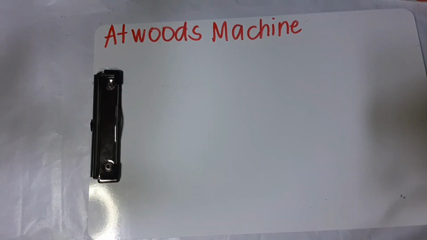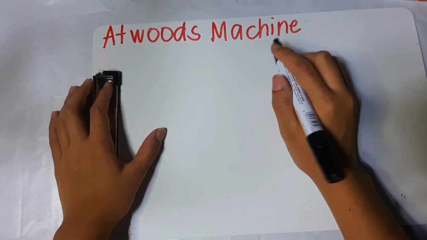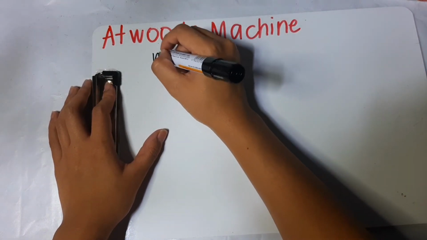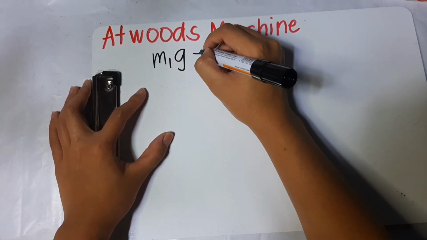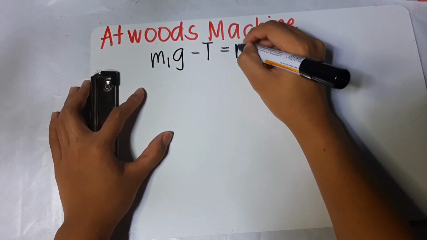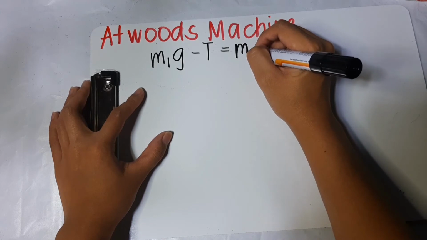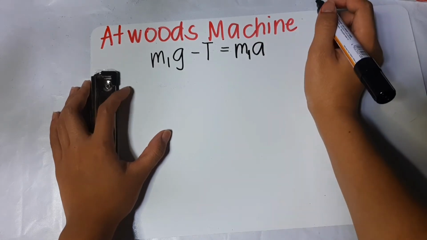Now, in order for us to solve for the formula of the Atwood machine, we have these equations. Our first equation will be mass 1 times gravity minus the tension is equal to mass 1 times acceleration.